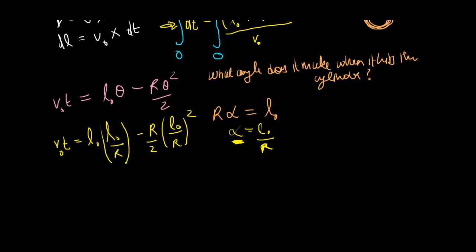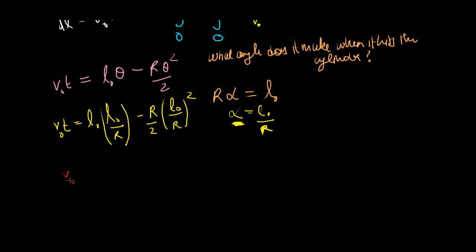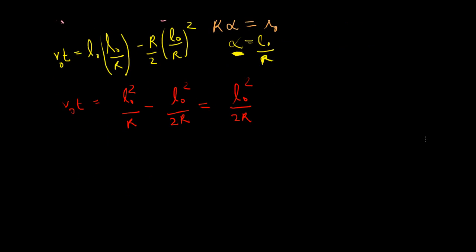So v0 t is L0 squared over R minus L0 squared over 2R, which is L0 squared over 2R. So t will be L0 squared divided by 2 v0 R. There you go.